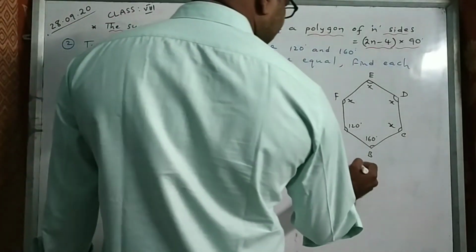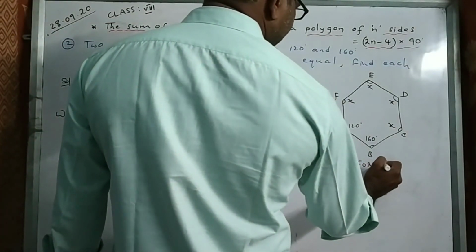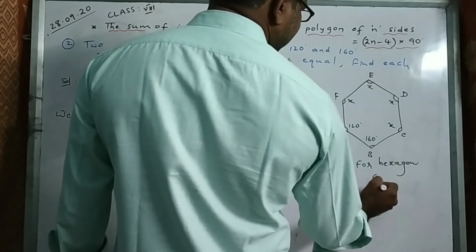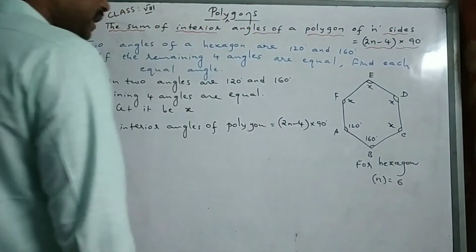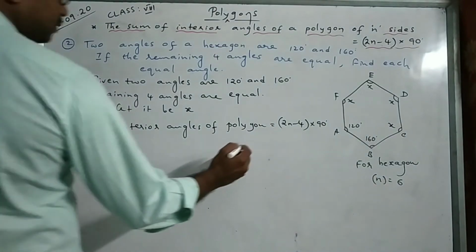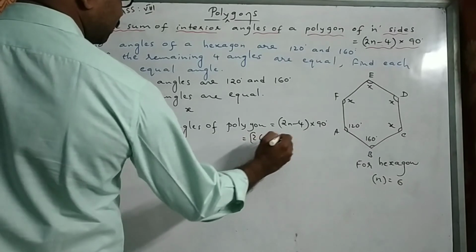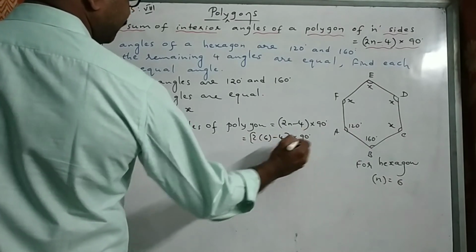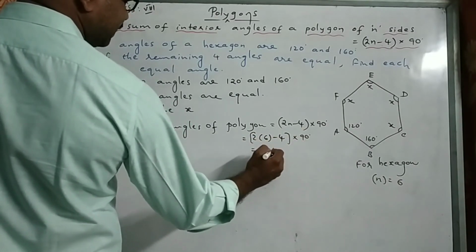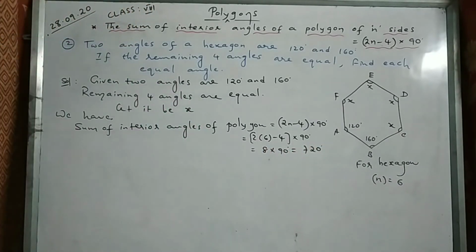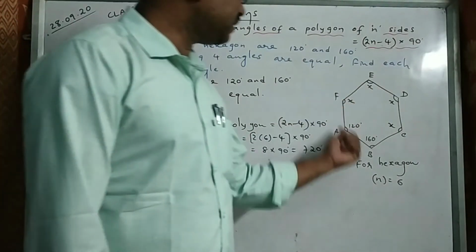For a hexagon, how many sides are there? 6. n equal to 6. So I will find 2 into 6 minus 4, into 90. So 12 minus 4, 8. 8 into 90 means 720 degrees. So what is the sum of interior angles of this hexagon?